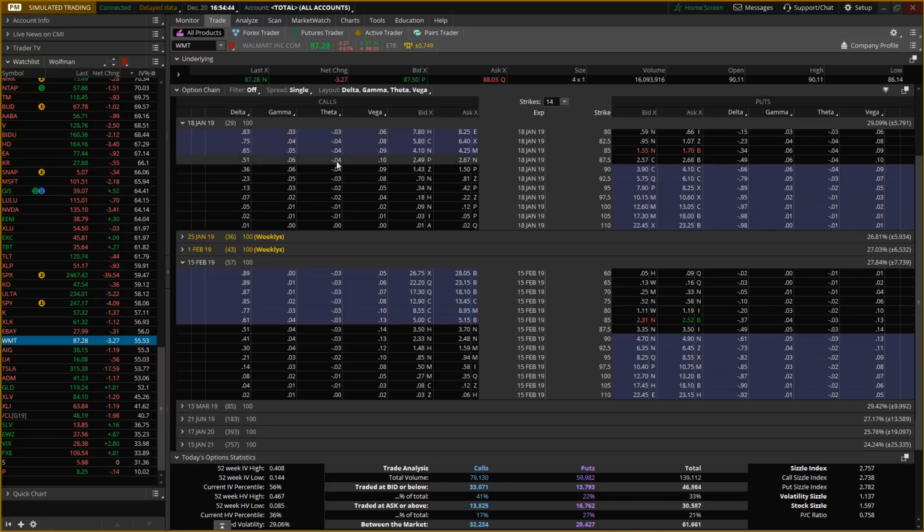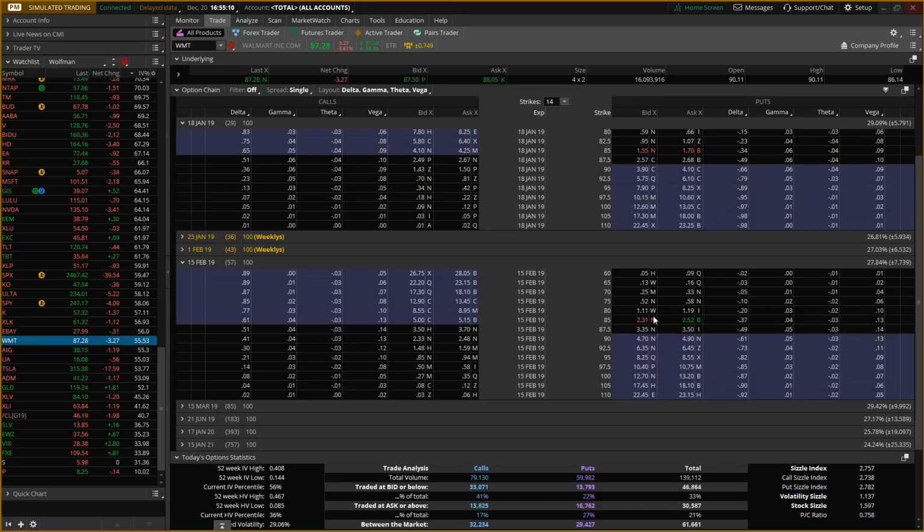You can see the theta on these options that we are going to be trading. Right here is -4, and then the theta out here on the one that we're buying is less. It's -3, so we're exploiting more theta decay than we're receiving. That's a good thing. Again, we're going to get these funky strikes, but we have the 87.5s. It's close to a 50.